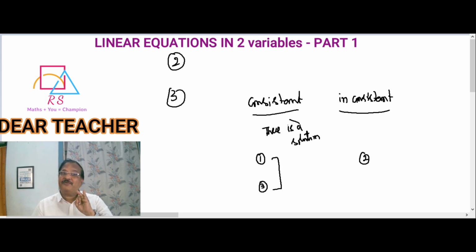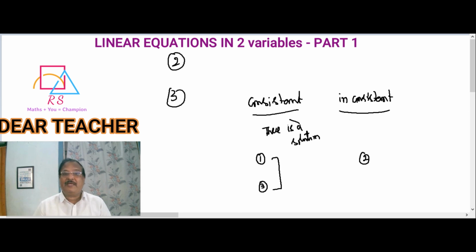Second, you have to find the solution graphically if they are consistent. You can draw the solution only in case 1 or cases 1 and 3. So if a1 by a2 is not equal to b1 by b2, then you draw the graph and find the solution.